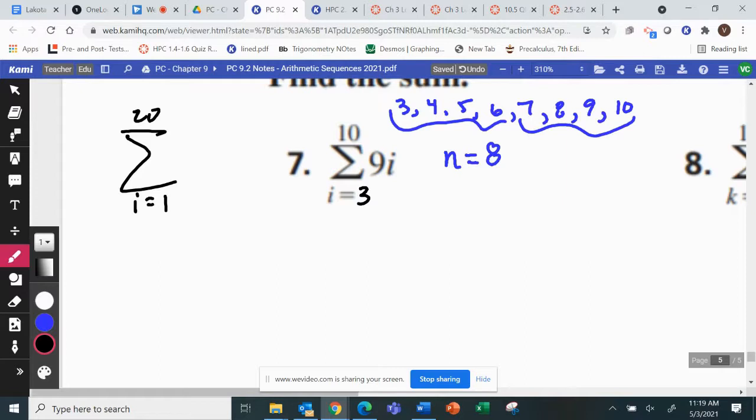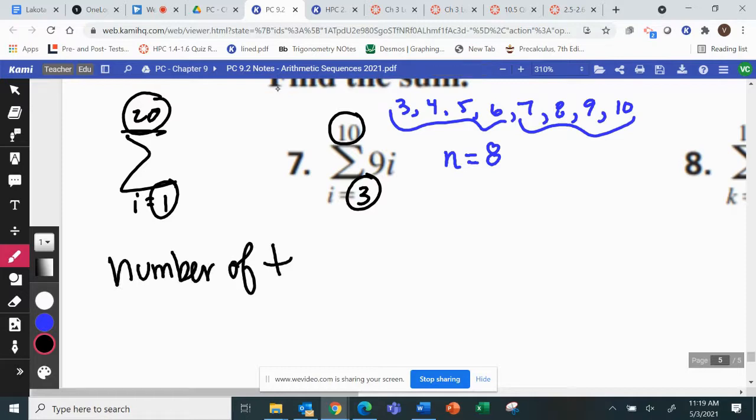So can we think of a way that we could take these two numbers to find out the number of terms that works for both cases? Yeah. Exactly what you said works.